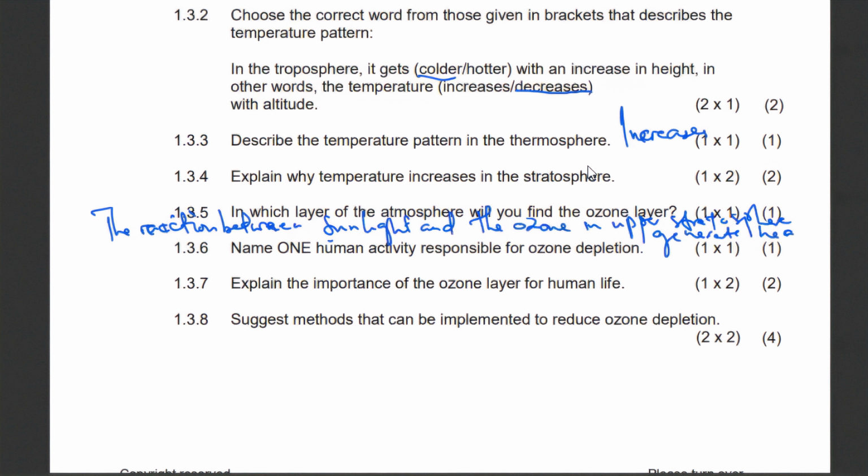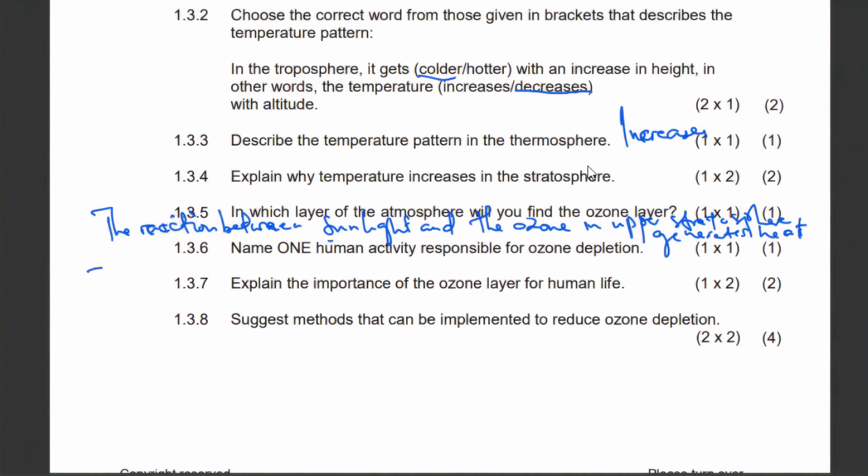So that reaction between the sunlight and the ozone in the upper stratosphere is the one responsible for generating heat. That heat will result in an increase in temperature.